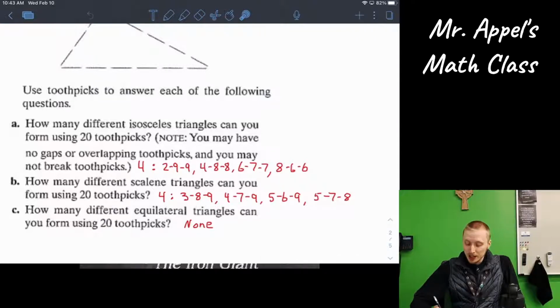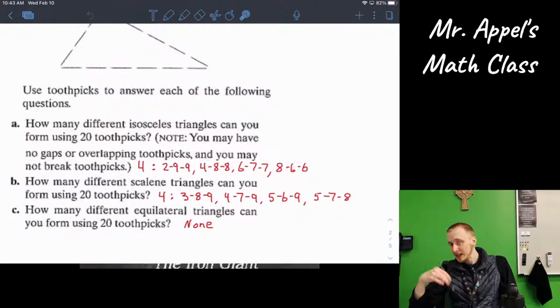There's the 3-8-9, the 4-7-9, the 5-6-9, and the 5-7-8. And with 20 toothpicks, there is no possible way to make an equilateral triangle. Okay? You can play around with them all you want, but it comes down to 20 does not divide evenly by 3.